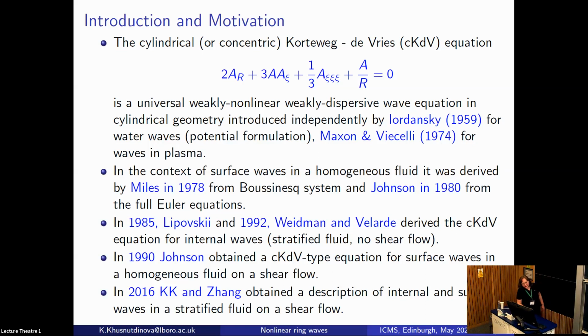I used to think that the first people to introduce it were Maxon and Viecelli for waves in plasma, but Yuri Stepanyants has sent me a paper by Iordansky from 1959, where indeed the equation is written, although it's not in these variables, right? So it's in characteristic variables actually.